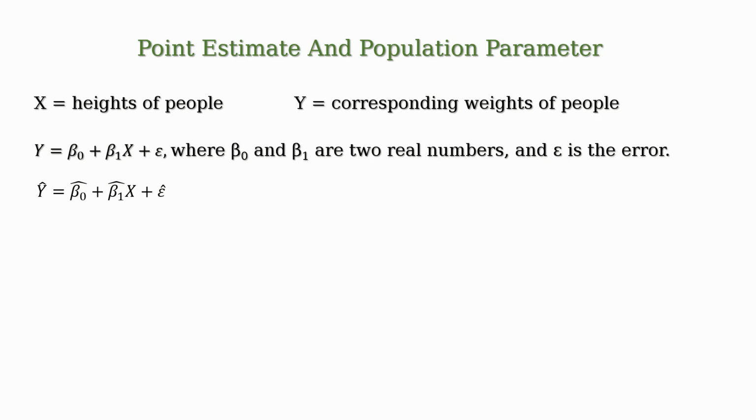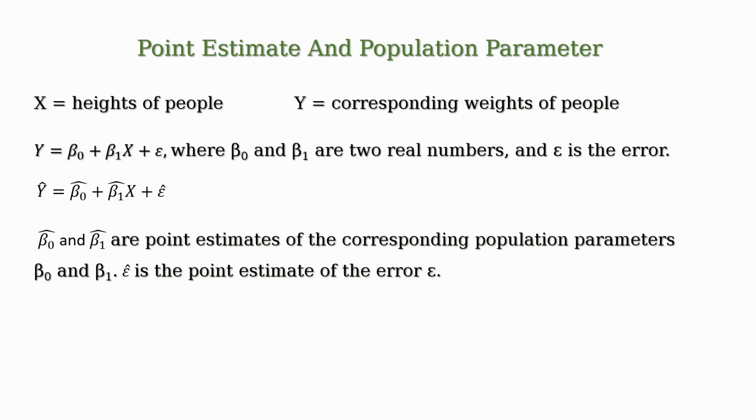So, we can draw a random sample from the entire population, calculate the heights and weights of the sample and find the following equation: ŷ = β0 hat + β1 hat x + ε hat. Here, β0 hat and β1 hat are point estimates of the corresponding population parameters β0 and β1. And ε hat is the point estimate of the error ε. And ŷ is the calculated or fitted value of y.